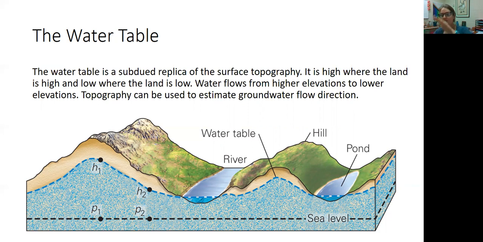Where there's a valley, the water table will also dip down a little bit. Okay? So topography is a fairly good estimate of the shape of the water table, and it helps us figure out what direction the groundwater is flowing within that aquifer, which we'll talk about a little more later on.